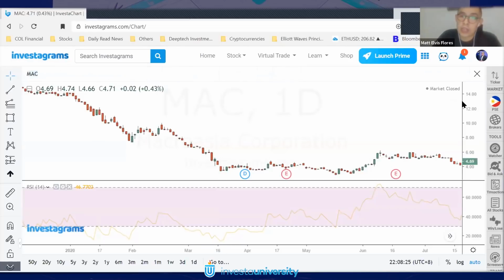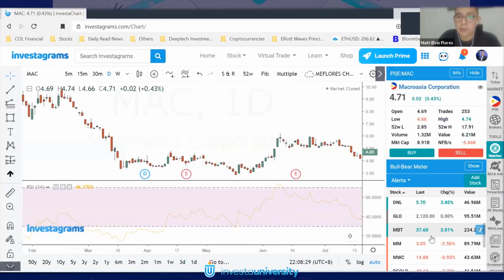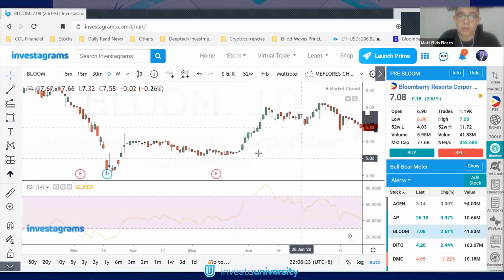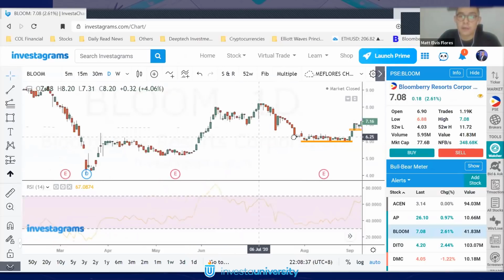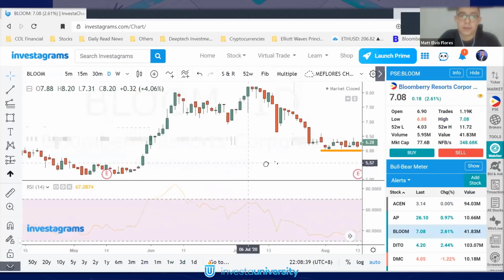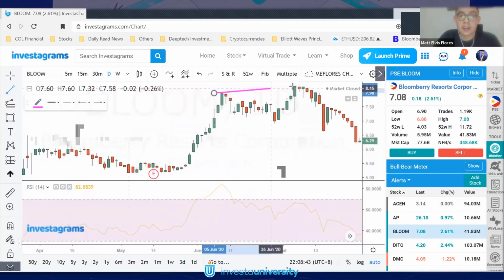Now, for example, what do I have in my watch list? There's Bloom. Let's look at Bloom. Here, perfect. You have your bearish divergence here using RSI.